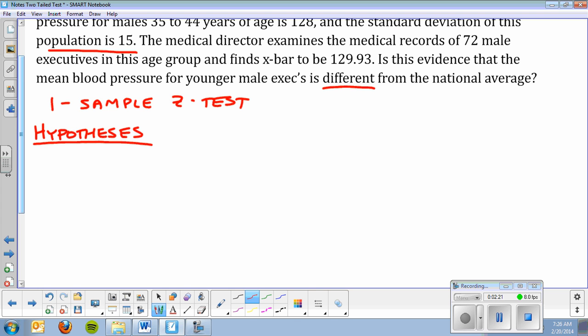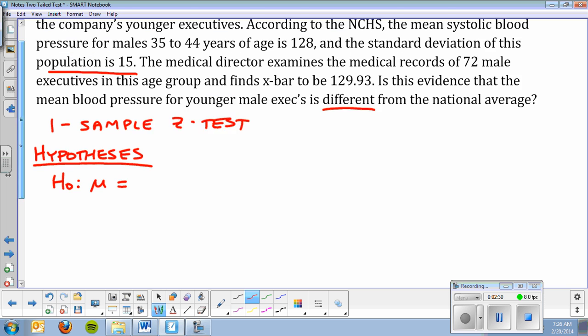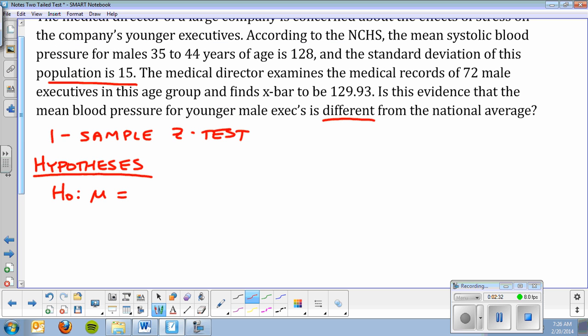Okay, continued practice on that. The null hypothesis, H sub 0, is no change. It's always going to be mu equals for mean problems. If I go back up here in the problem, it says the mean systolic blood pressure is 128. The alternate hypothesis, mu is not equal to 128. Notice that I write those two things automatically because I know they're going to be the same. I'm going back to different, so I'm going to say not equal to.